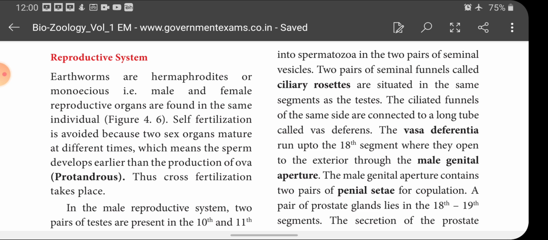Self-fertilization. For self-fertilization, both the gametes, that is sperm and ova, must mature at the same time. But in earthworm, the gametes mature in different seasons, so there won't be a chance of self-fertilization. So cross-fertilization takes place in the earthworm.